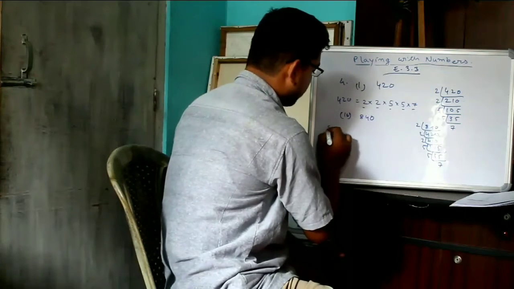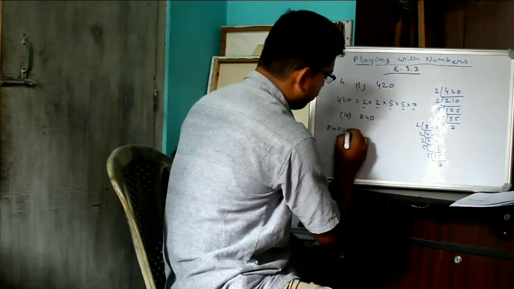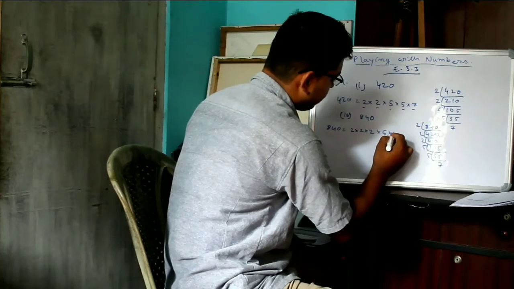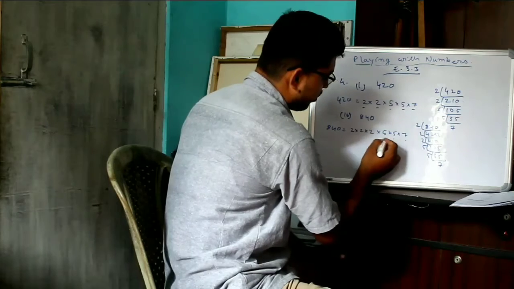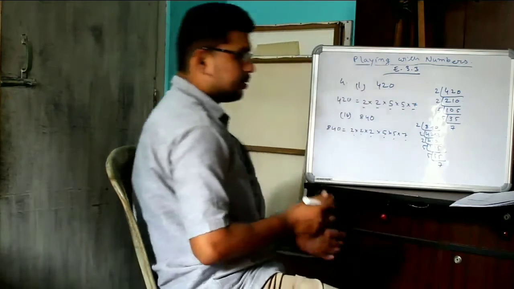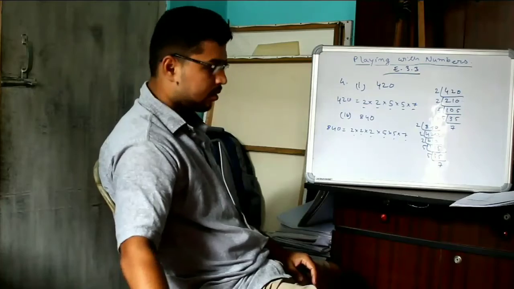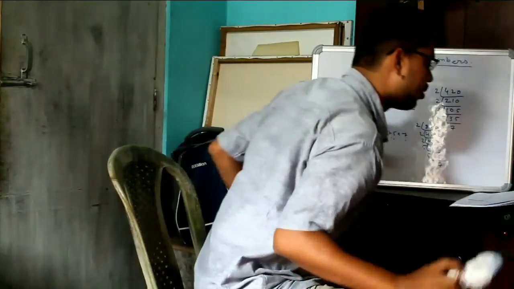So 840 equals 2 into 2 into 2 into 3 into 5 into 7. All are prime numbers, so this is the prime factorization. Number 5: complete each factor tree.